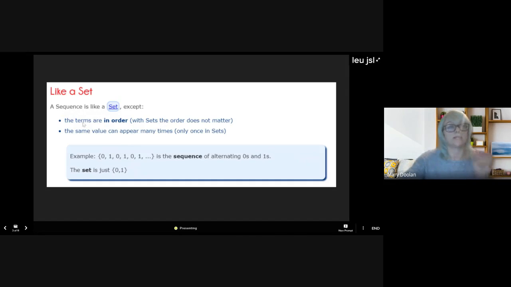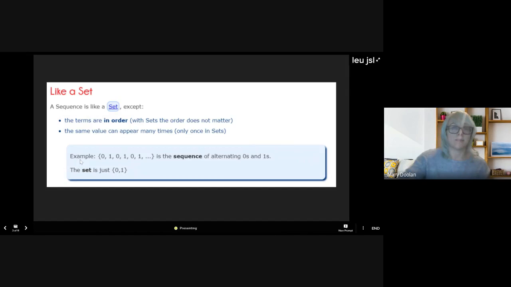But in a sequence, they have to be in order. The same value can appear many times. All right, so you may have a number that's repeating in a sequence, whereas in a set, you wouldn't have it repeated because it's a set. So once you represent it one time, you're good.